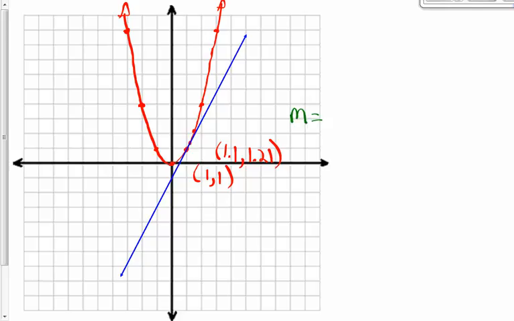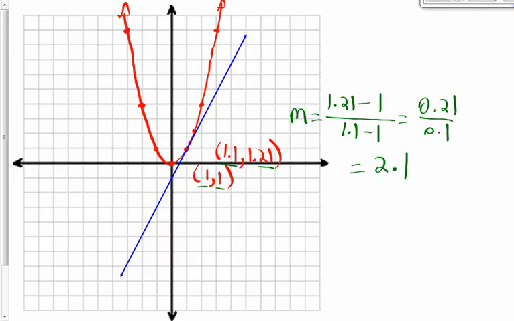We have 1.21 minus 1, y2 minus y1, over 1.1 minus 1, x2 minus x1, which gives us 0.21 over 0.1, which is exactly 2.1. So that's the slope of this secant line.